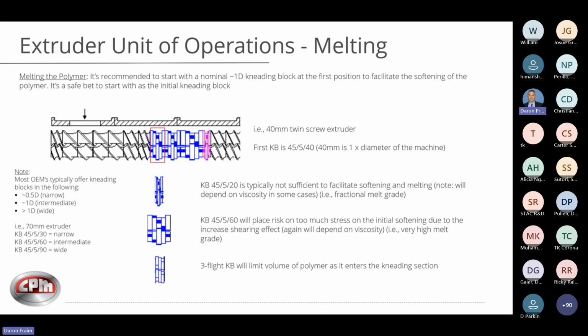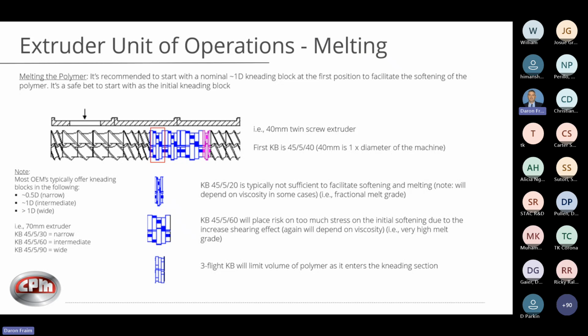So for example, here on the left where I note this, like on a 70 millimeter extruder, a 45-530 is going to be your narrow, your 45-560 is intermediate, and 45-590 is your wide. Now here on the top example, I've got a 40 millimeter twin. I'm using a 1D element.